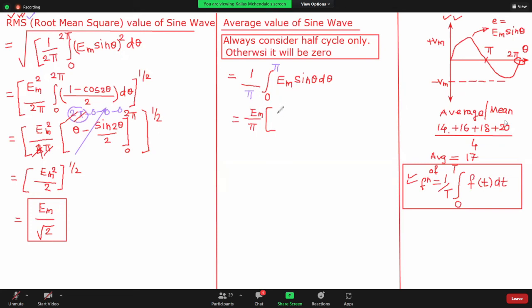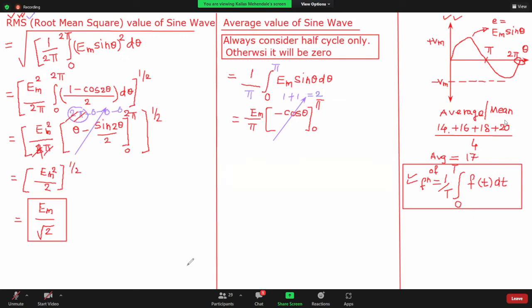The integral of sine theta will be equal to minus cos theta, and the integral limits are from 0 to pi. This will be something like 1 plus 1, is equal to 2.